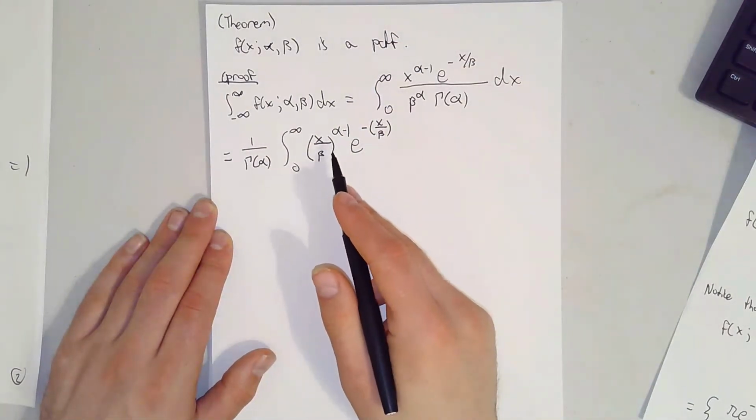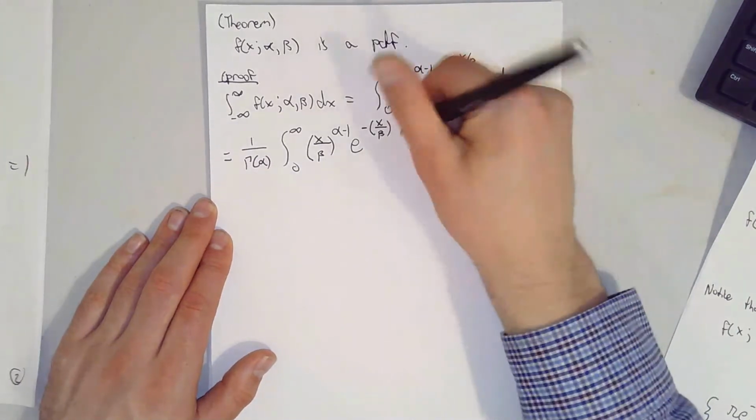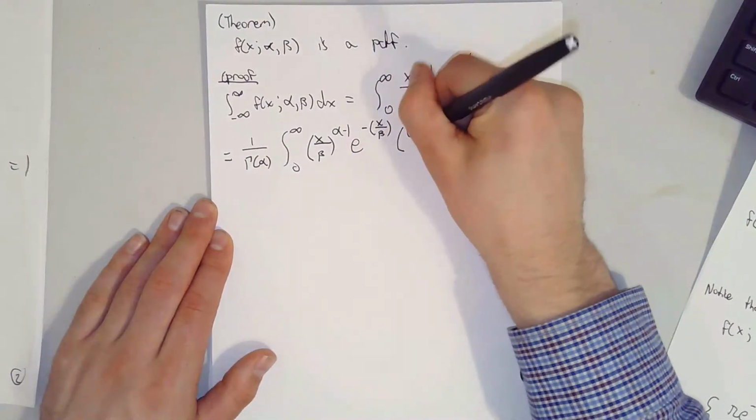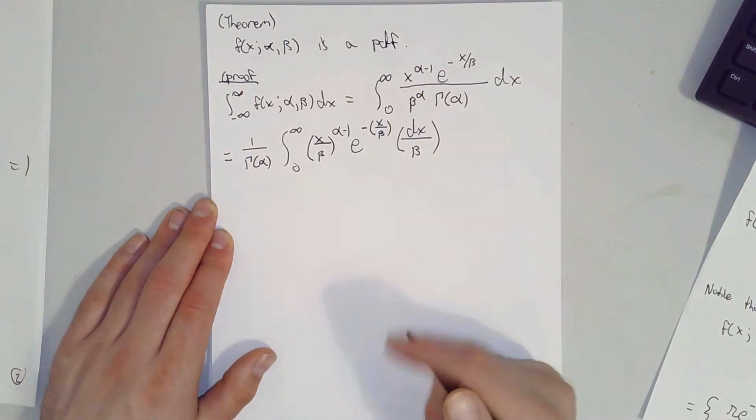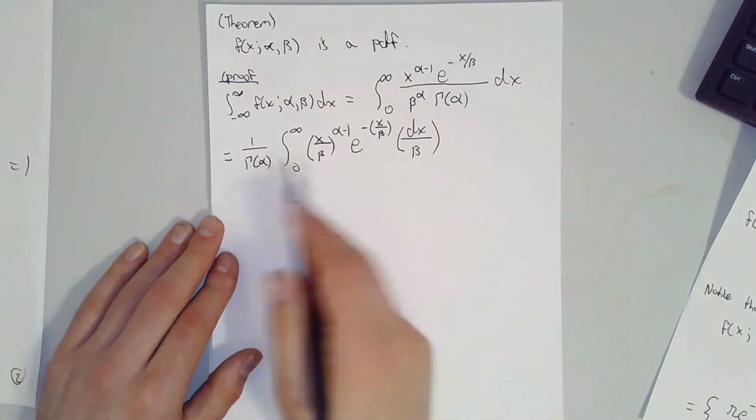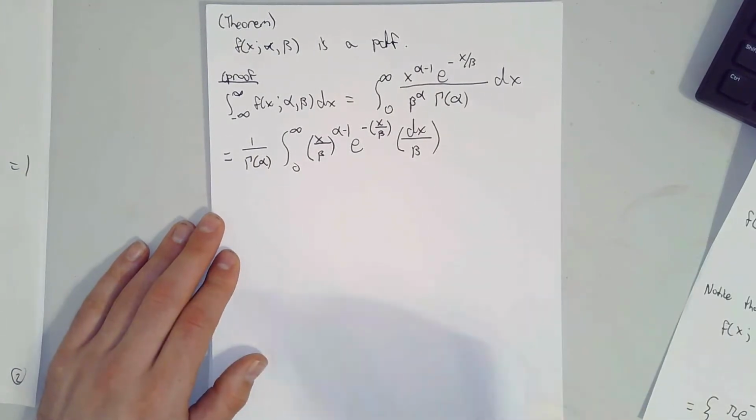And then the remaining beta, we're going to group with the dx. There's a reason for this. Setting all this up, we're actually setting ourselves up for a u substitution.